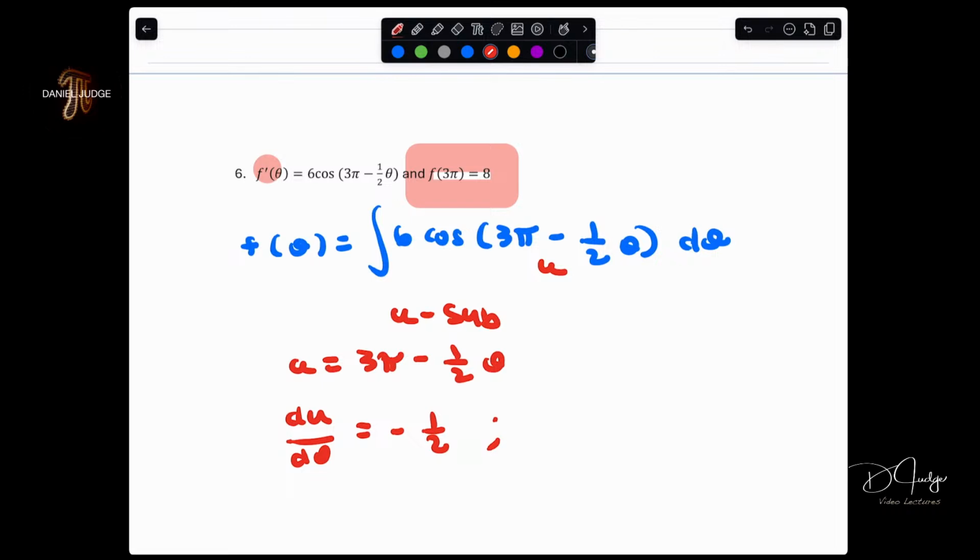So if I cross multiply, I'm going to bring the negative 2 with me. Negative 2 du is d theta. Let's double check. Yeah. So it looks like we're there. So d theta, this will be negative 2 du.